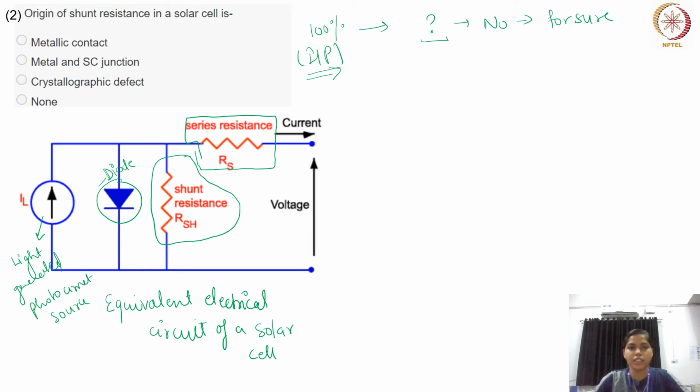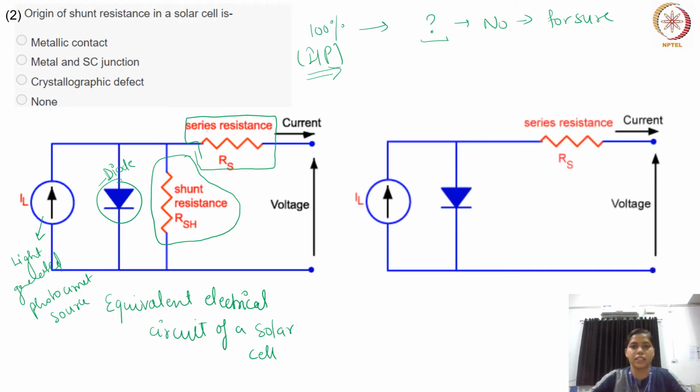Okay, now let's have a look at this series resistance. Just forget about the shunt resistance for this case. Let's consider a simple PN junction solar cell.